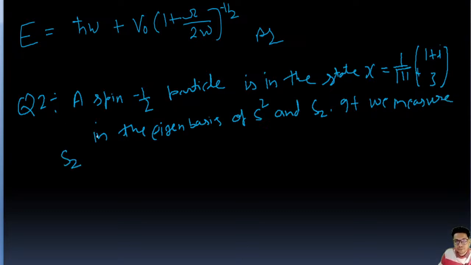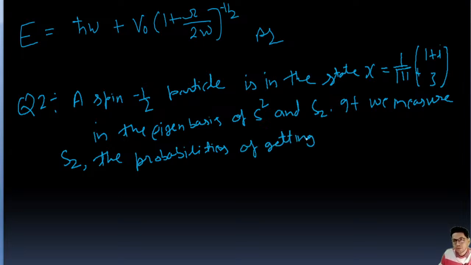sz, the probabilities of getting plus h cut by 2 and minus h cut by 2 respectively are.